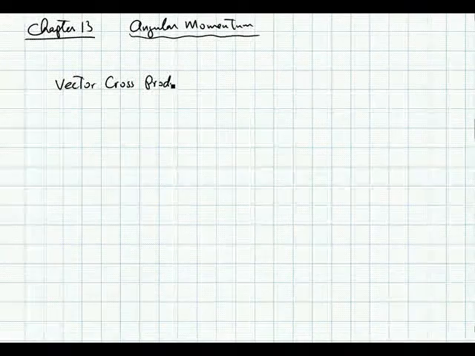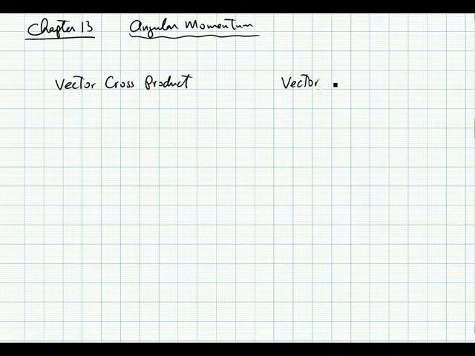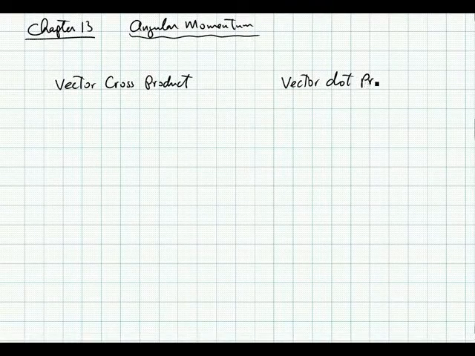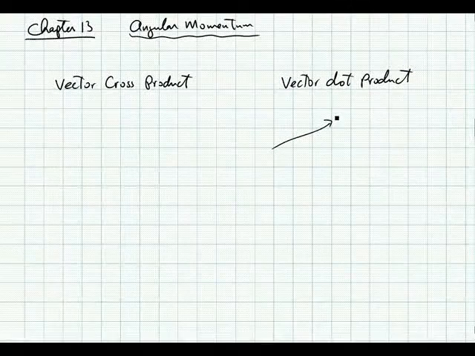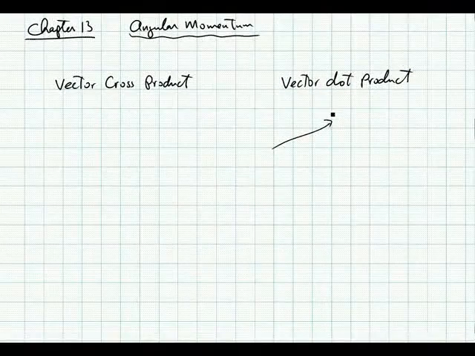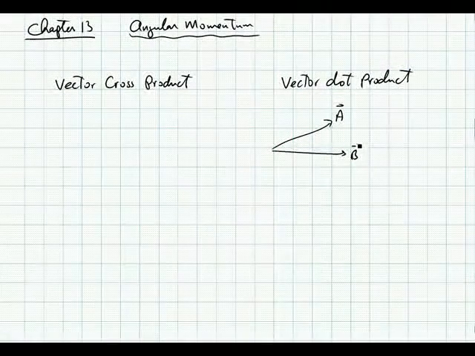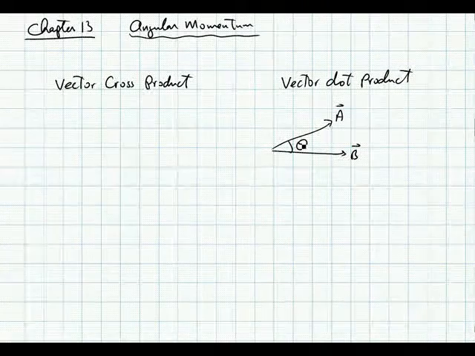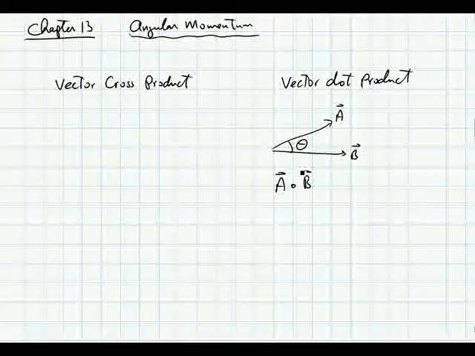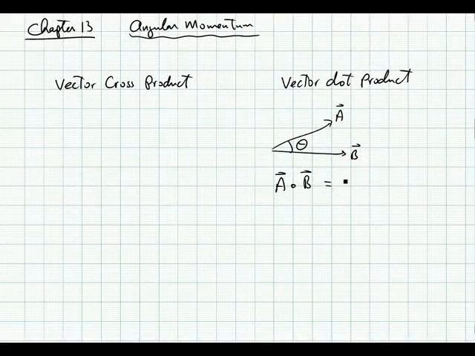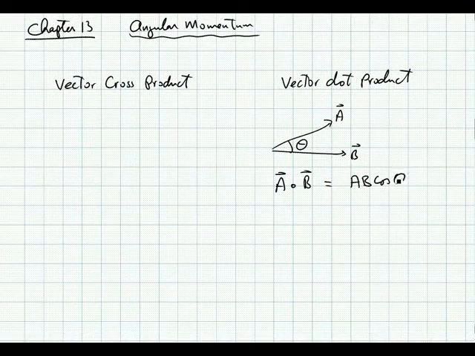Cross product. Back in chapter 3 we learned about the vector dot product. Just a quick refresher here: if you have vector A and vector B with angle theta between them, the vector dot product A dot B is a scalar quantity, so the answer is simply AB cosine theta.